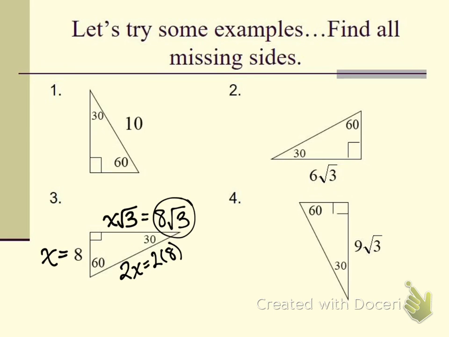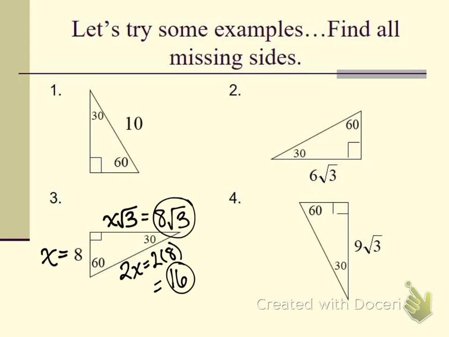It becomes 16. Label all of them before you start trying to figure out what the sides actually are. Do not get ahead of yourself. These are not meant to be that challenging, but it's very easy to confuse yourself or skip a step.